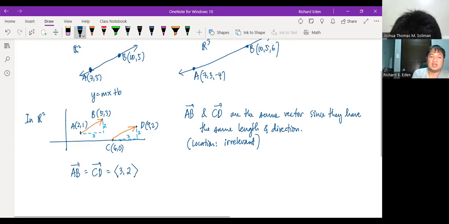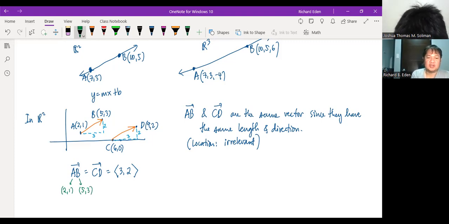So one way to think about how we can come up with the components is that let's take the point of view of A. The coordinates of A are 2 and 1, and for B, the coordinates are 5 and 3.